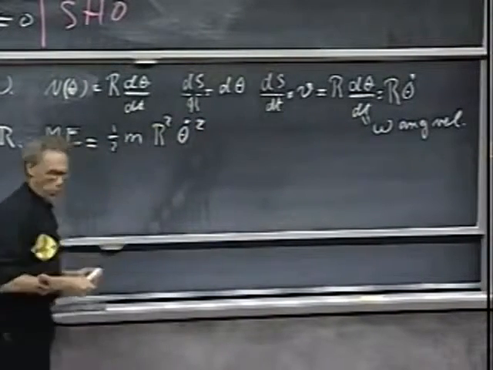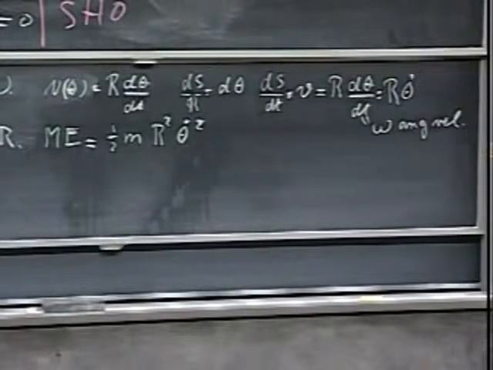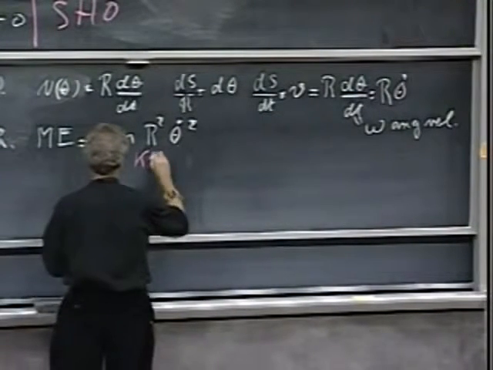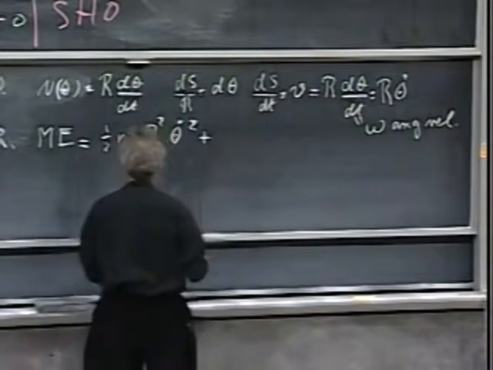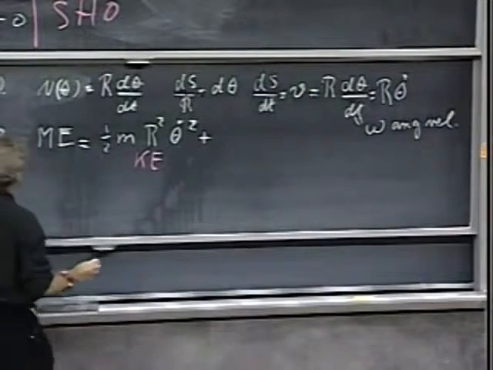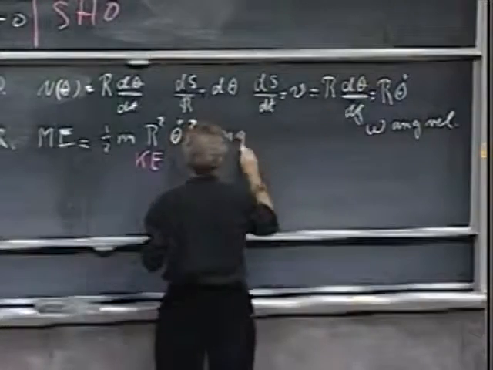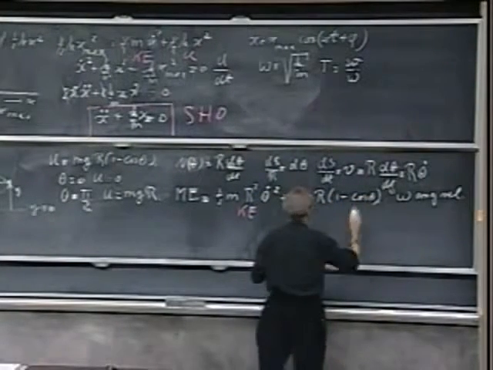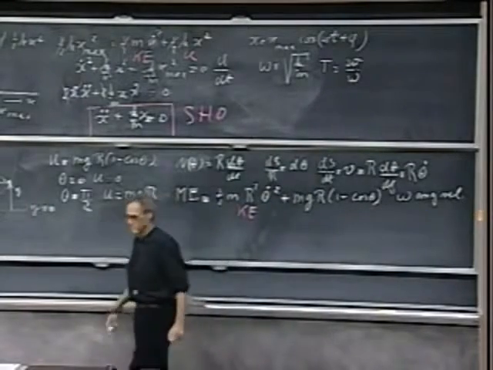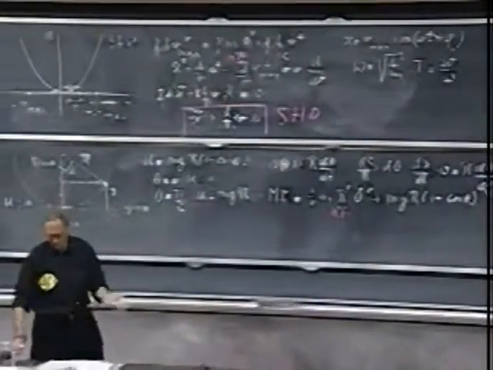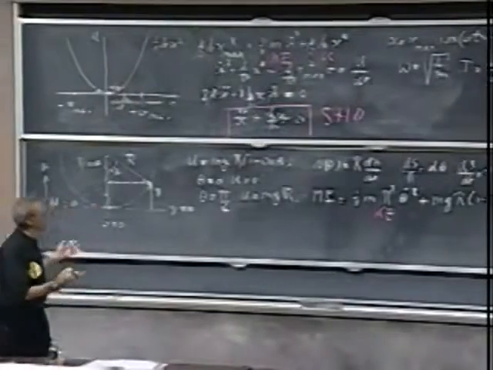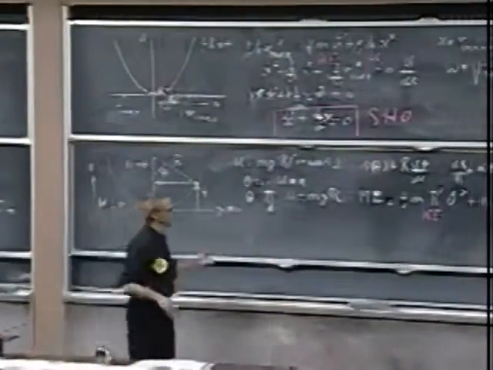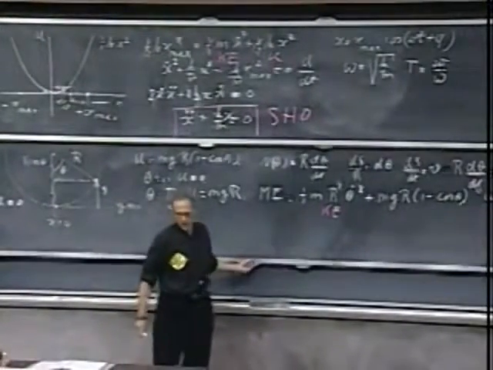This is simply 1/2 m v squared, nothing else. So this is the kinetic energy. Plus the potential energy, which is mg times r times (1 minus cosine theta). And this is always the same, independent of the angle theta, because gravity is a conservative force. So this is the conservation of mechanical energy.